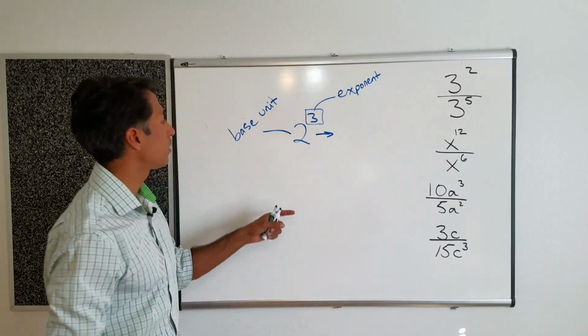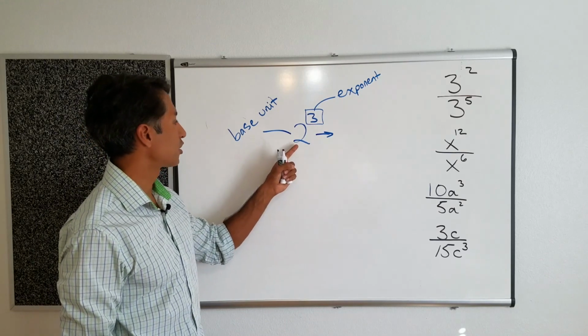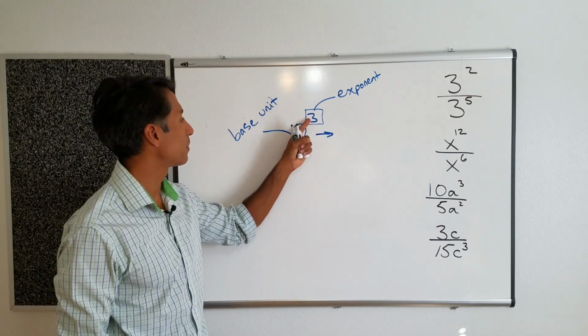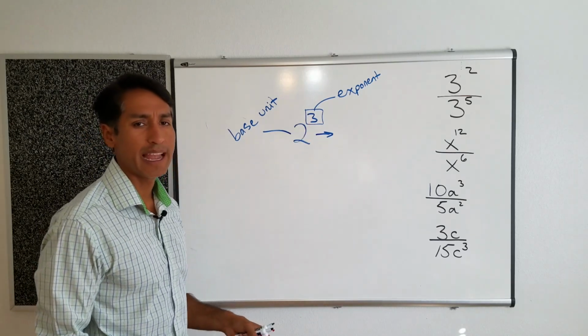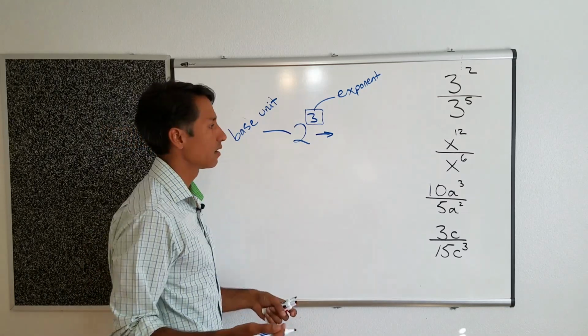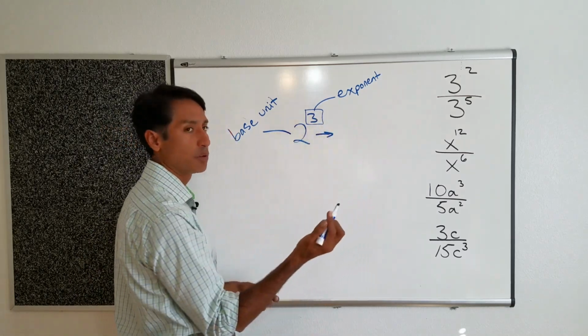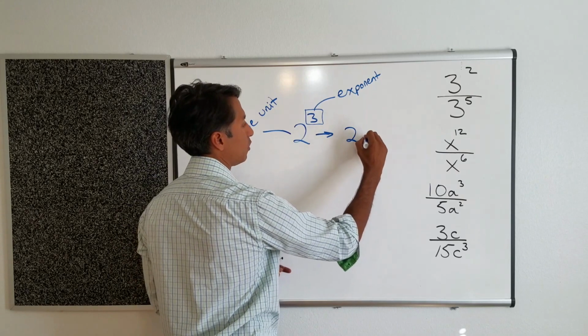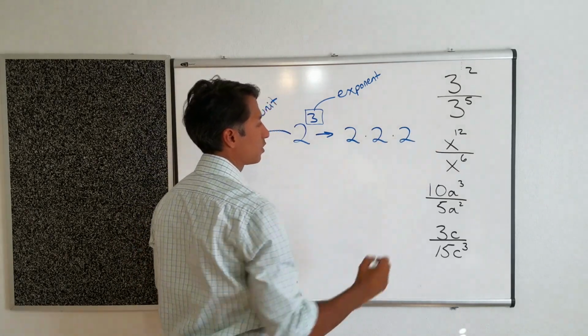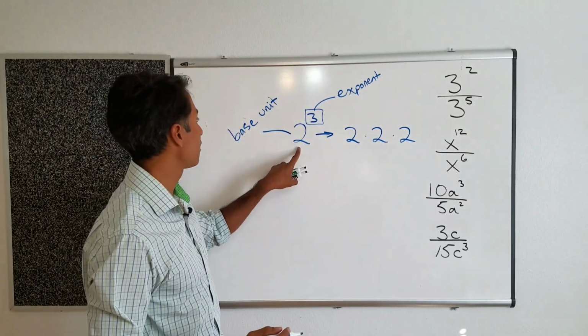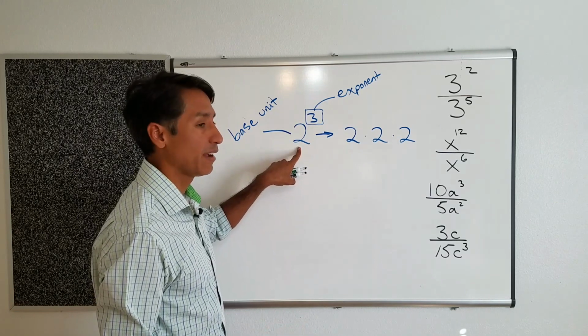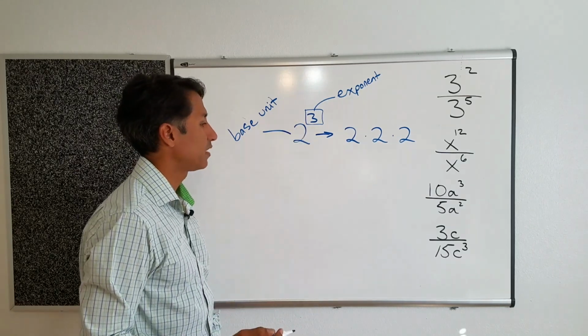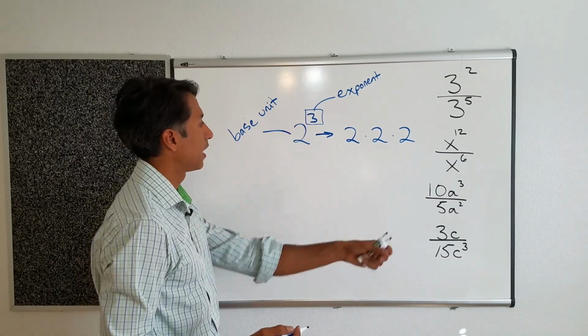Really what we're doing here is we have a certain value, and then we're being told how many of them we have to multiply together. So we could look at 2 to the third as 2 times 2 times 2, right? Because the base unit is 2. How many of them are there? Well, they're telling me that there's 3.